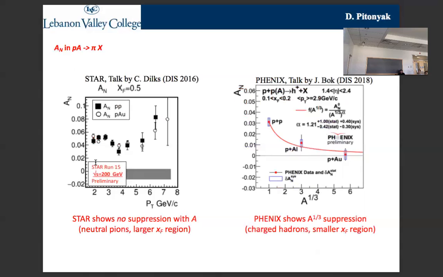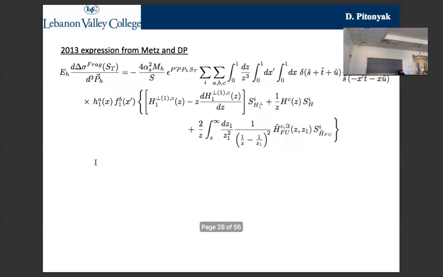The STAR rapidity is 2.8 to 4.2, so it's the FMS. It's a very different rapidity range. But still, probably most of it is from quark scattering. I think X is very small. The XF is between 0.1 and 0.2. Okay, maybe we can discuss this more.